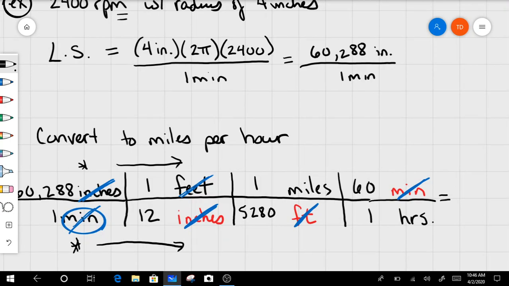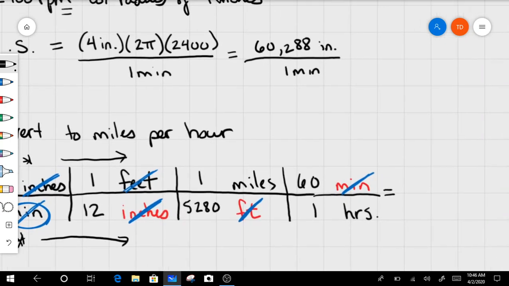I'm going to have to scoot this over so you can see it. 3,617,280, and the only word left up top is miles. And on bottom, 1 times 12 times 5280 is 63,360.